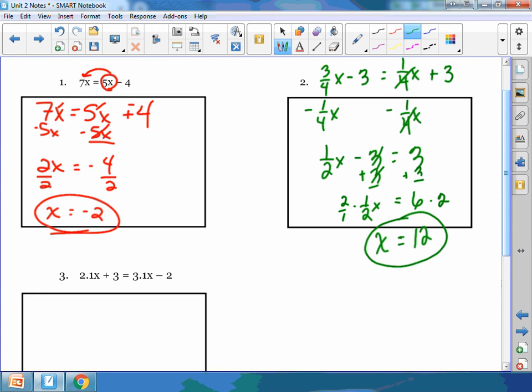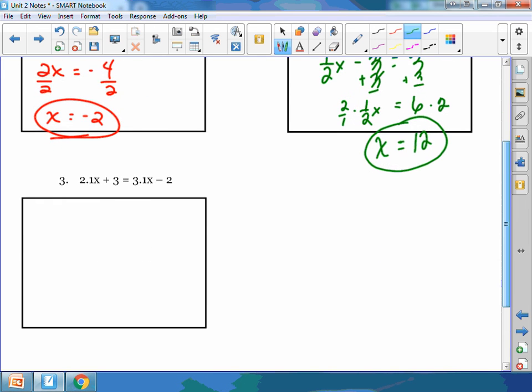Did I write something wrong? No, because she was confused because it still was -3, but if you changed it, it would be like plus a negative? Okay. All right, go down to number 3 here then.